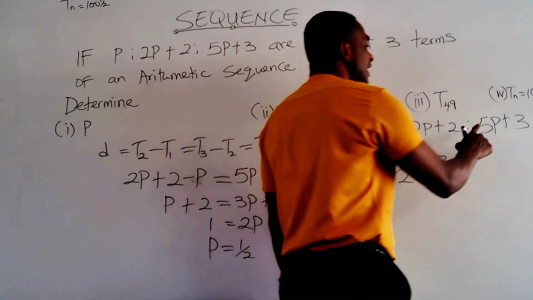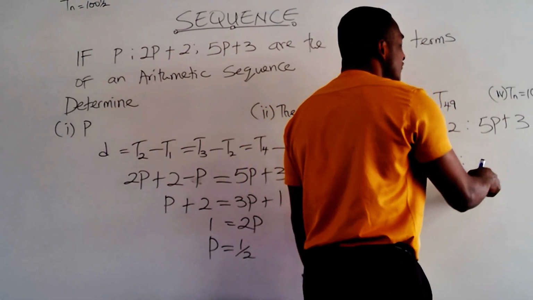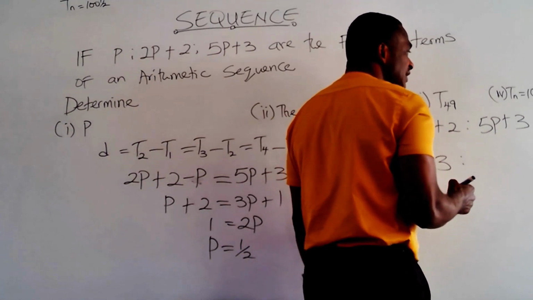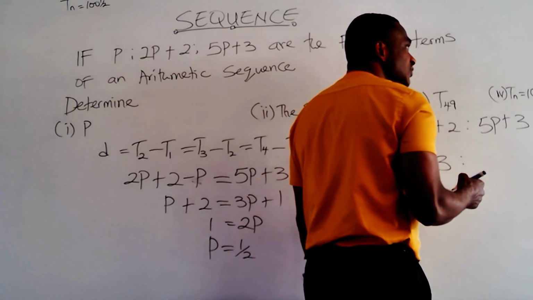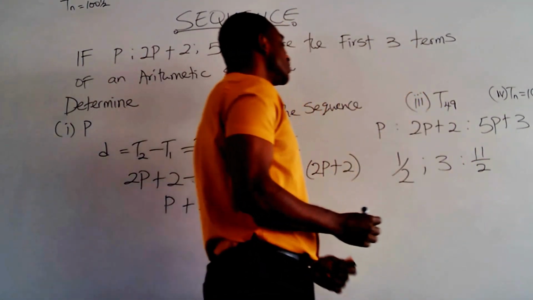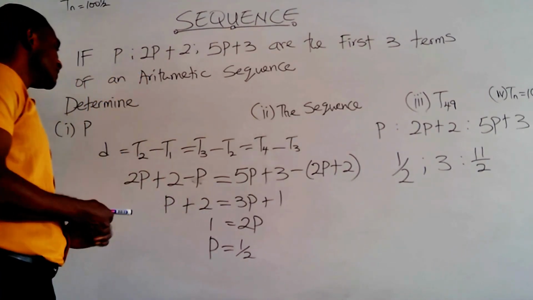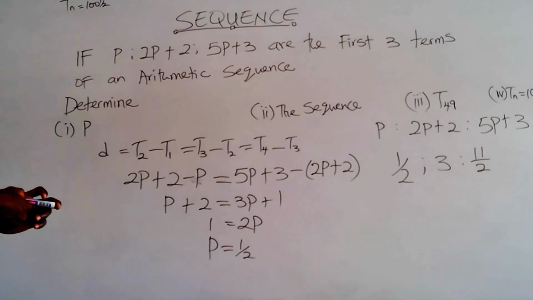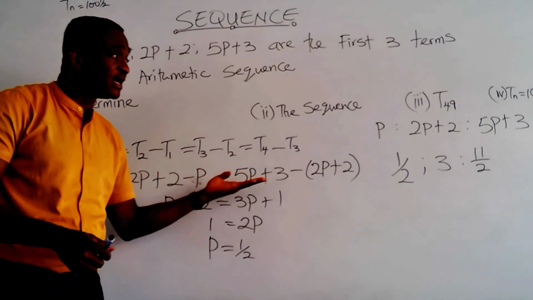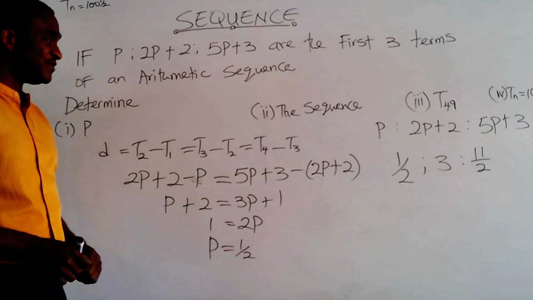Our third term is 5 times half, which is 5 over 2, plus 3. 5 over 2 is 2.5, plus 3 is 5.5, which is 11 over 2. So this forms the sequence: 1/2, 3, 11/2. Remember, this is not our common difference, but we used the common difference formula to get the value of p.